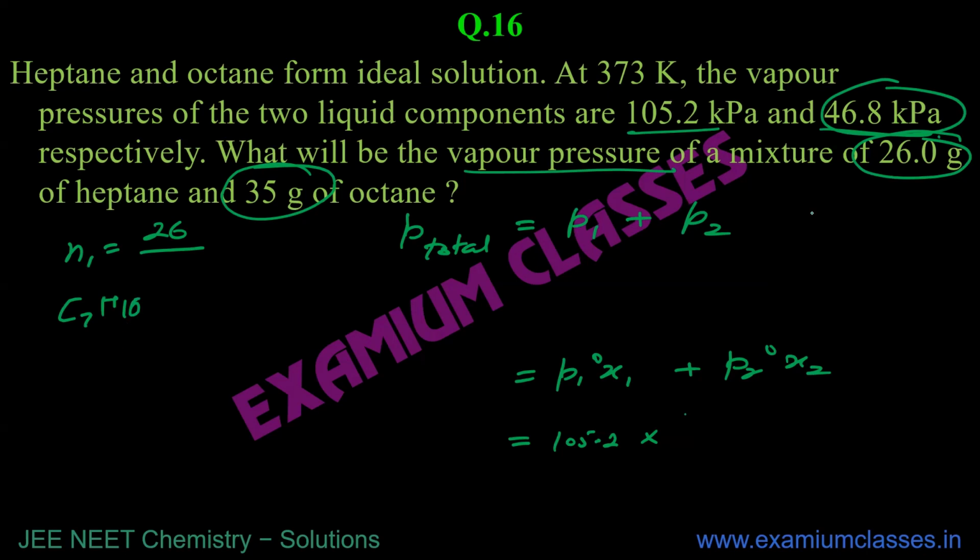Yes, 100. So you have to calculate and then substitute it. And N2 will be 35 divided by the molar mass of octane. For the molar mass of octane, you add 14 to it, because CH2 will be extra. So 12 plus 2, so it will be 114.